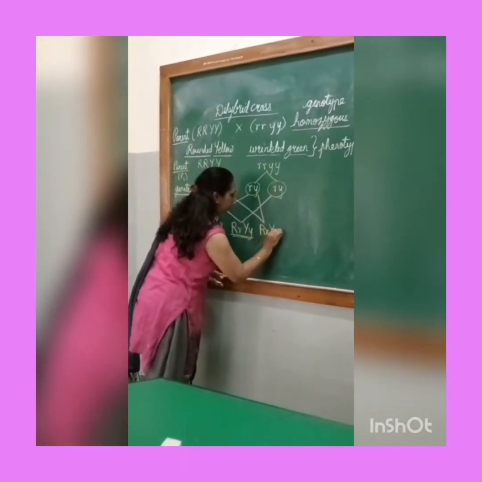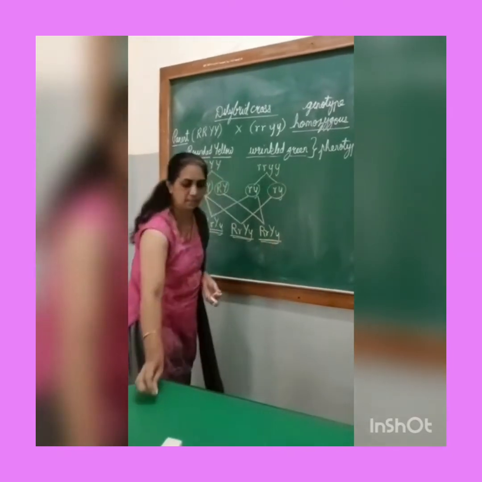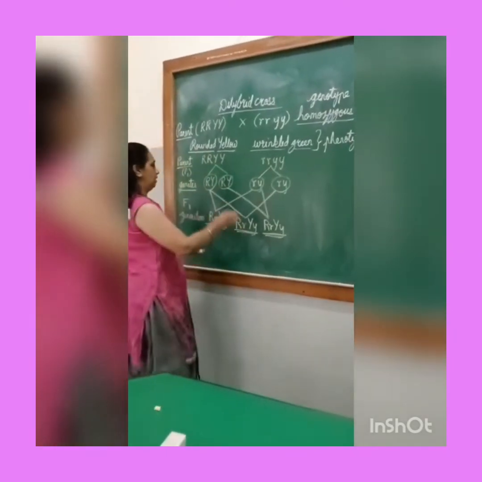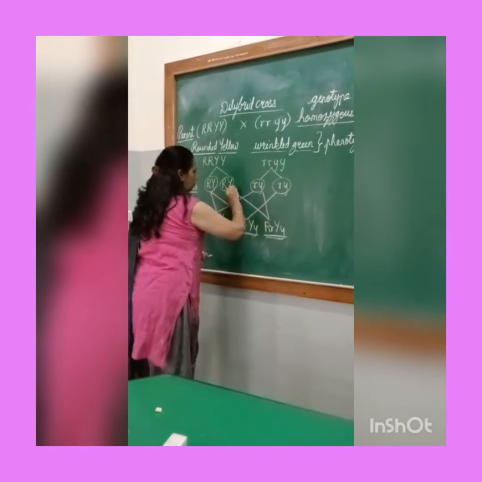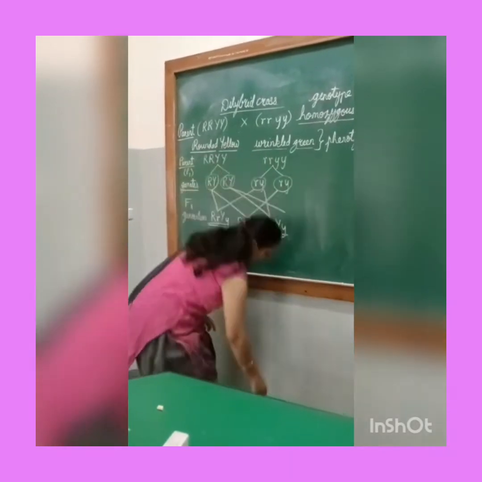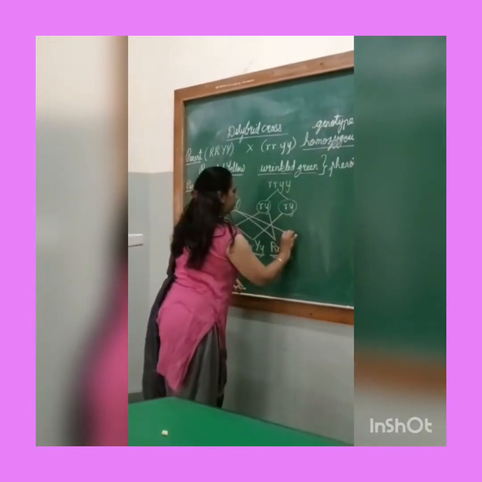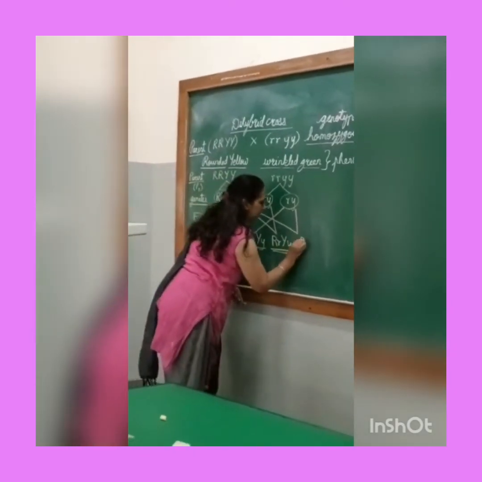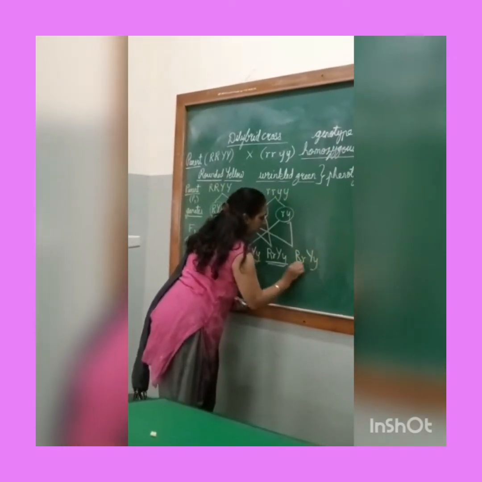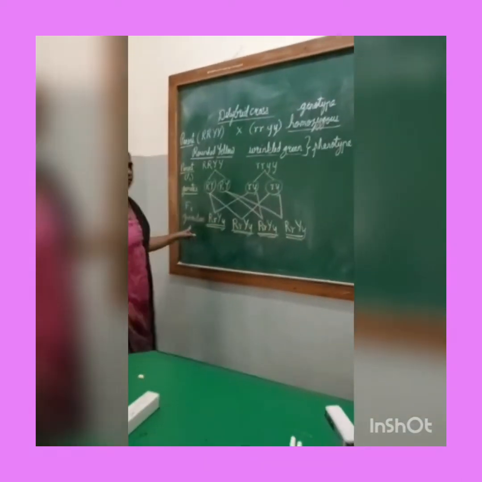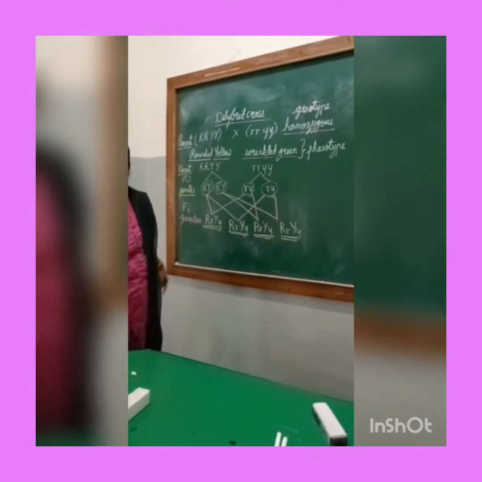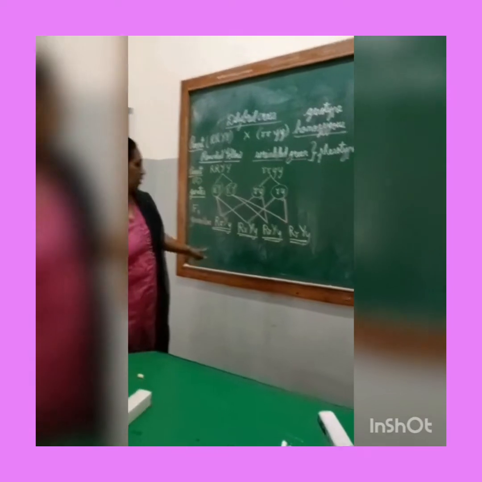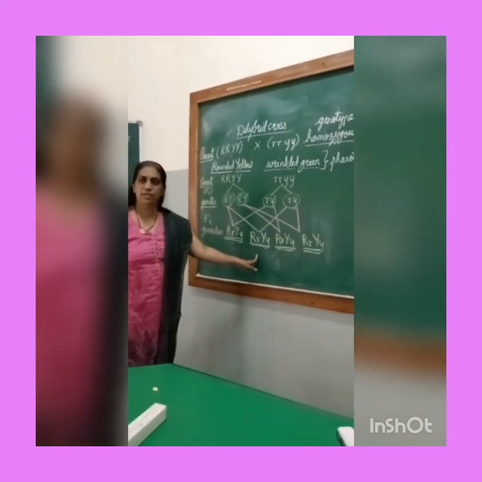Heterozygous for rounded and green seeds, yellow seeds. Okay. Suppose this pollen is combining with this ovule. Still the outcome is the genotype of the first filial generation.